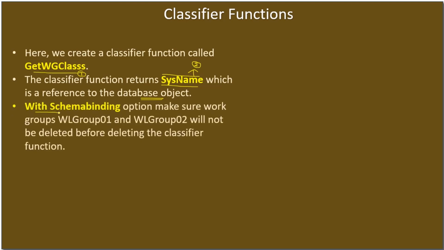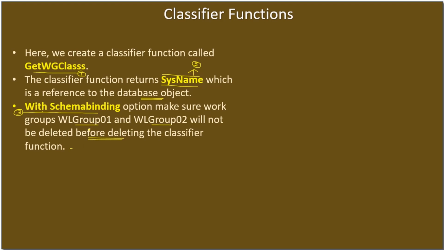With schema binding is the option we will use when we are creating the classifier function. Inside the body of the function, we will use the two objects, workload groups WL group 1 and WL group 2. With the schema binding option, make sure WL group 1 and WL group 2 will not be deleted before deleting the classifier function. Why?